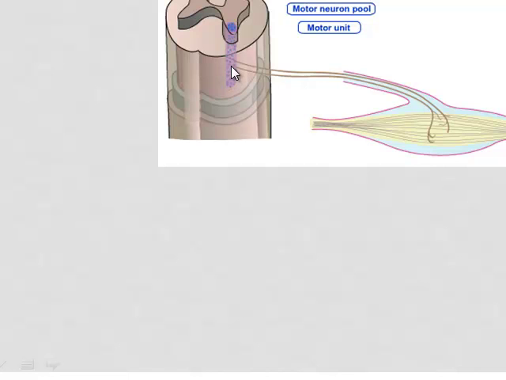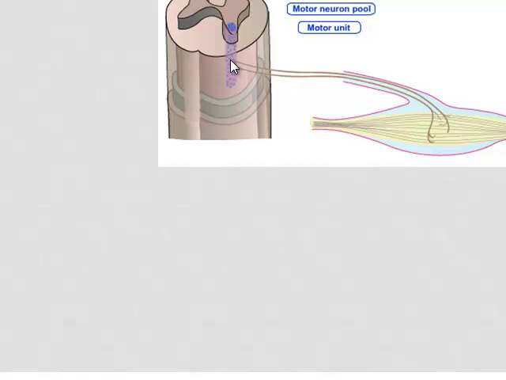All the motor neurons in this pool will innervate a single muscle, and all the motor neurons that innervate a particular muscle are contained in the same pool. Therefore, there's always a one-to-one relationship between a muscle and a motor neuron pool.